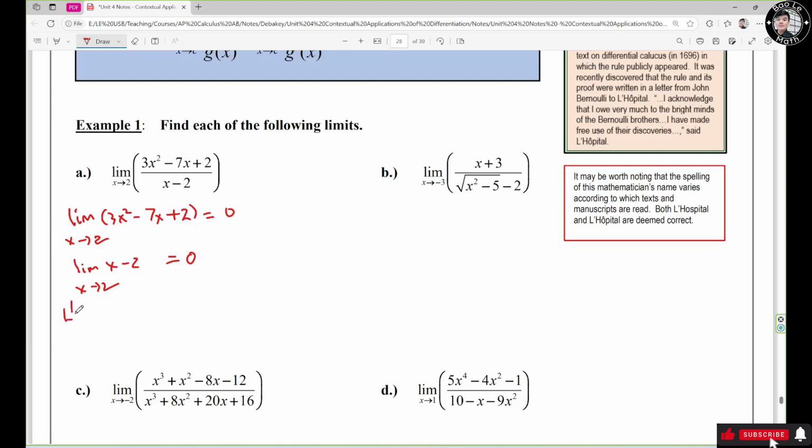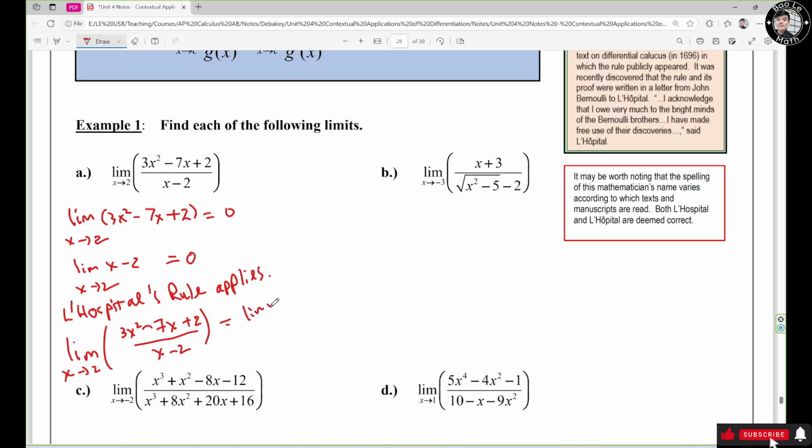So then you're going to use L'Hospital's rule, right? So you need to say L'Hospital's rule applies. So you have the limit of 3s squared minus 7s plus 2 over s minus 2 equals the limit. Now you're going to take the derivative of the numerator, right?